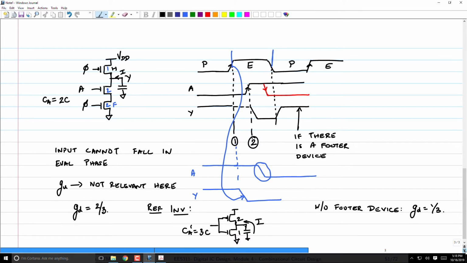Okay. Now how do I construct a NAND 2 gate? Exactly. But it's possible, like in memory circuits.